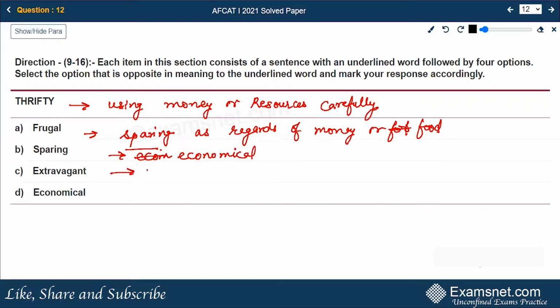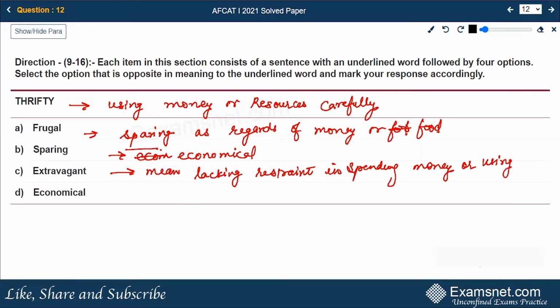Extravagant means lacking restraint in spending money or using resources.